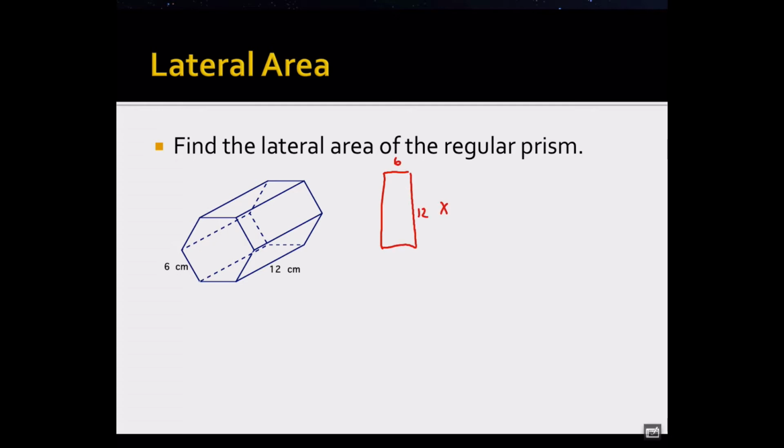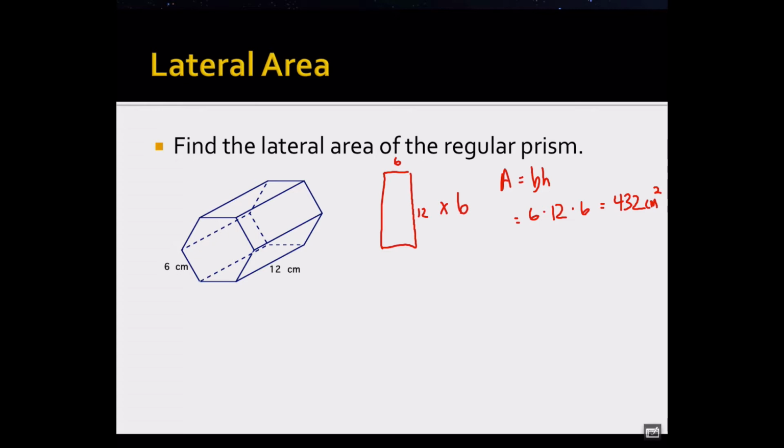And how many of them, Dan? 6. Area is equal to base times height, so that's 6 times 12 times 6. So 6 times 12 is 72, times 6 is 432. 432 what? Centimeters squared.